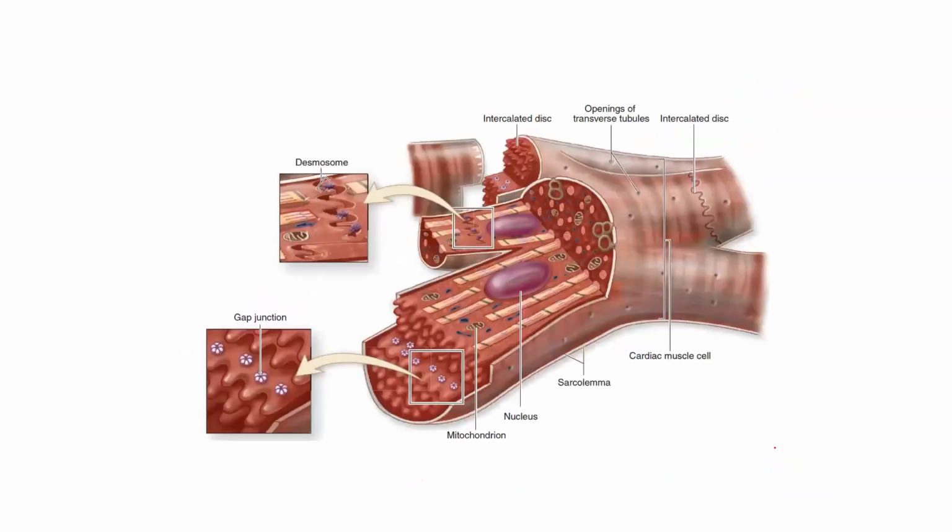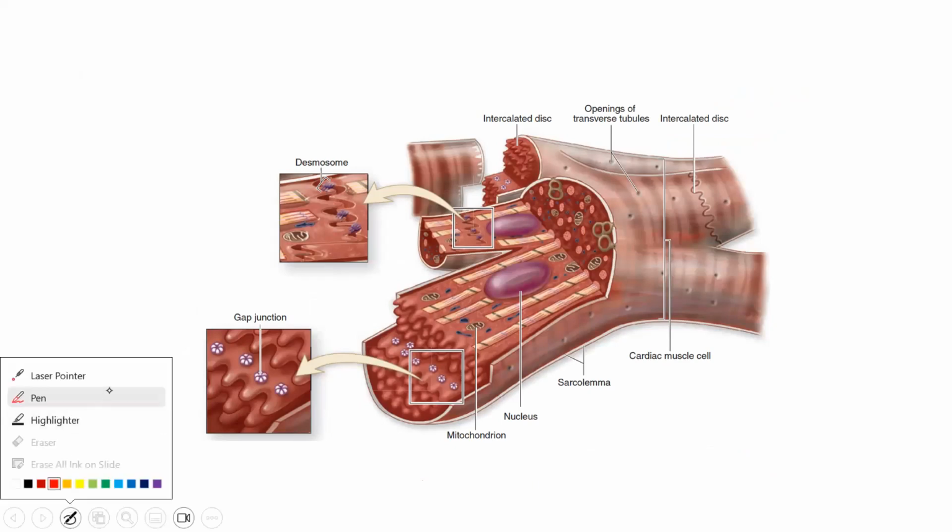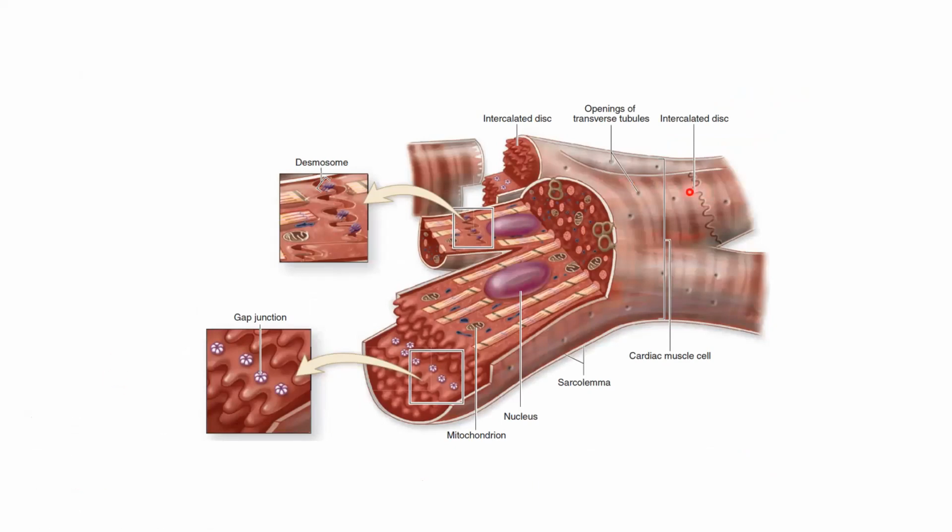Here you see a picture of the cardiac muscle cells. These are the intercalated discs. There are 1 or 2 nuclei and a lot of mitochondria. This is how the intercalated discs are seen. It's not a smooth surface. There are a lot of interdigitations like this.